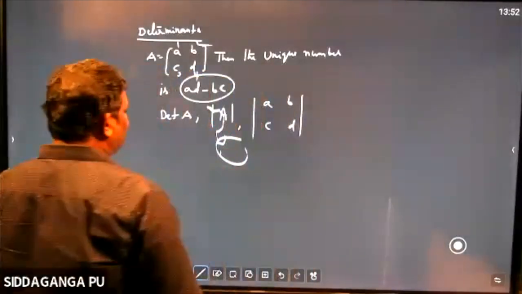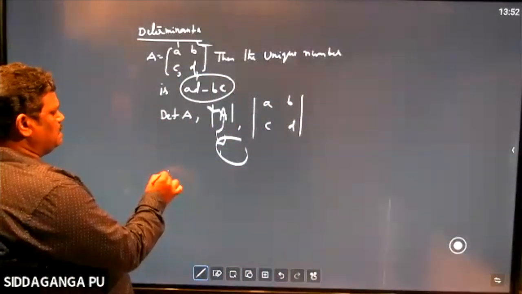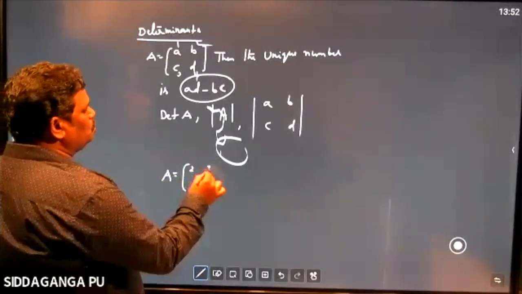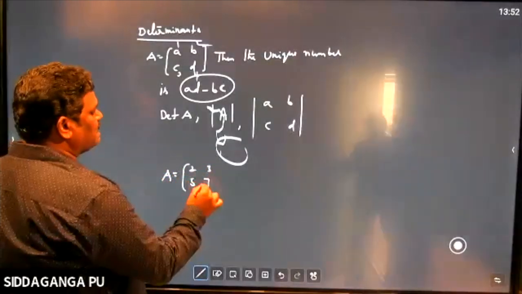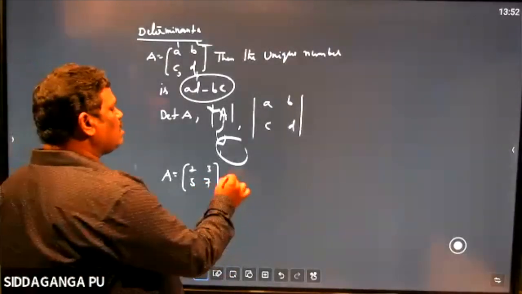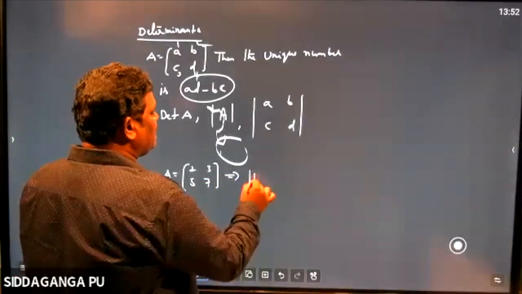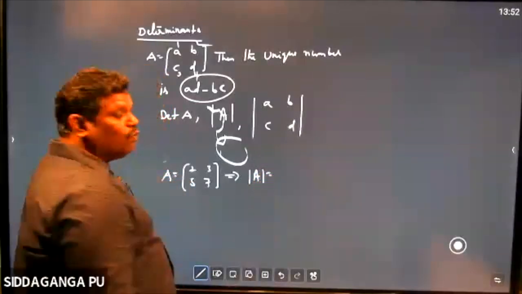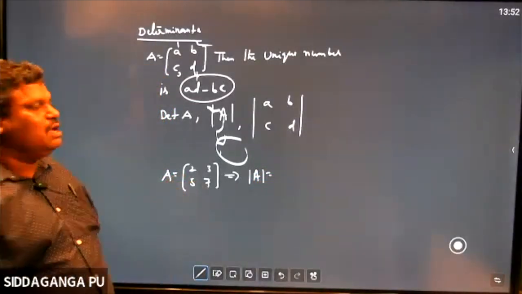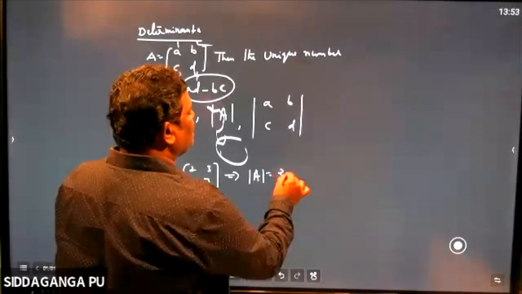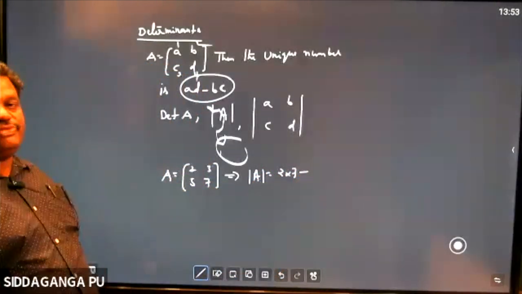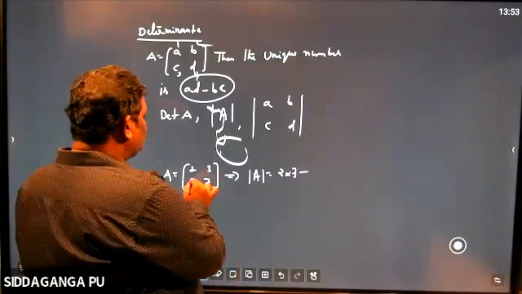For example, take the matrix A equal to [2 3; 5 7]. What is the determinant of this matrix? Det A is equal to the product of the first and fourth position elements, 2 into 7, minus the product of the second and third position elements, 3 into 5.